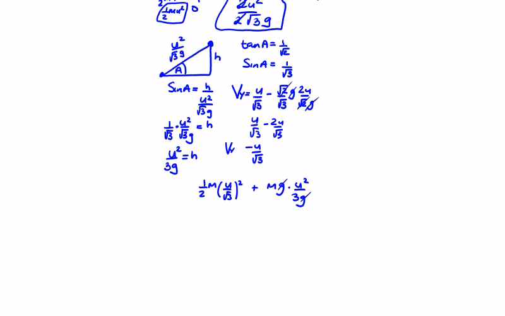So we're going to get mu squared over 2 times 3, which is 6, plus mu squared over 3. So that's a sixth and a third, which is equal to a half, which is mu squared over 2. Therefore, principle of conservation of energy applies in this case, QED.